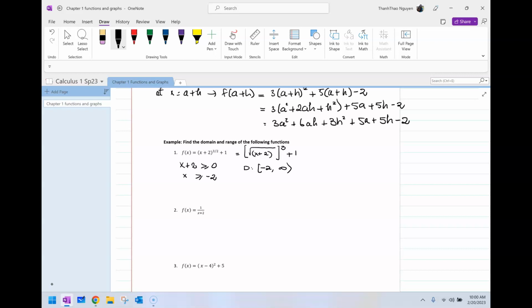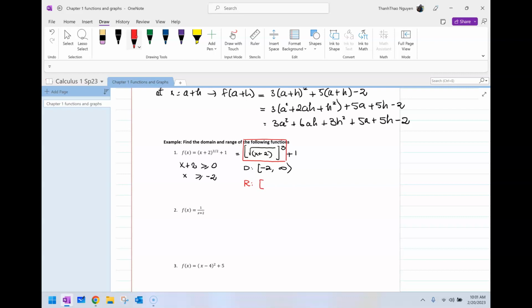Now the smallest value of this part right here, the square root of x plus 2, will be 0. Take it to the third, that still makes 0, right? So the range starts at 0 and goes up.